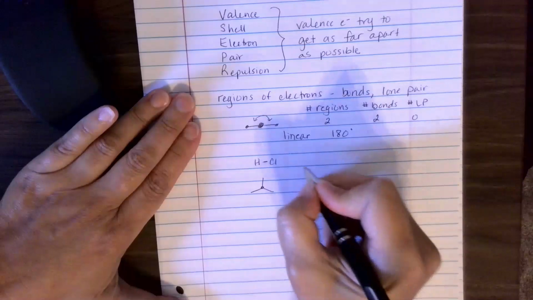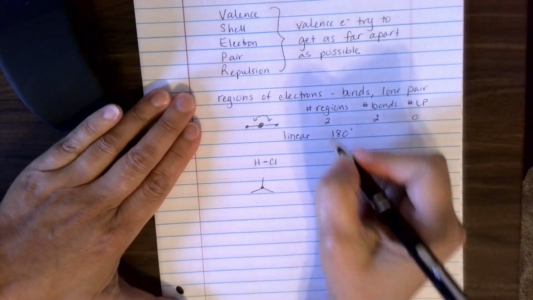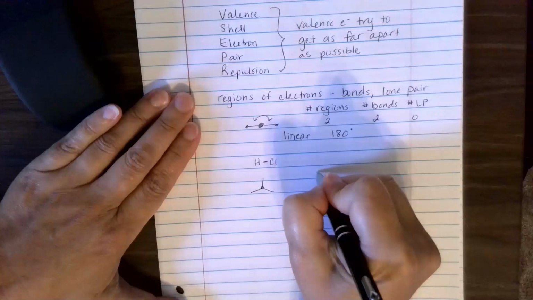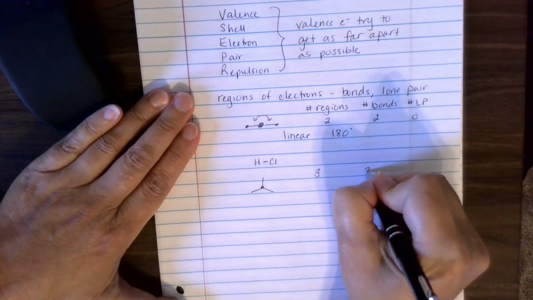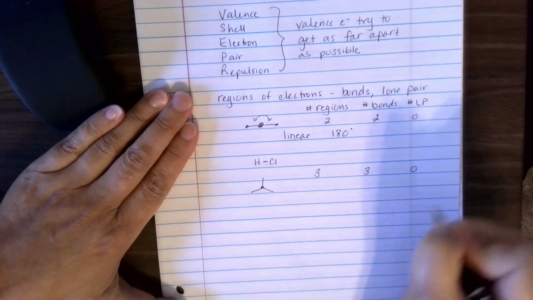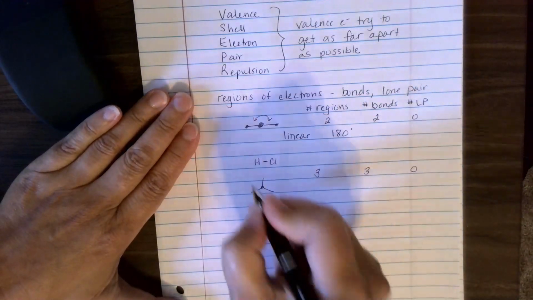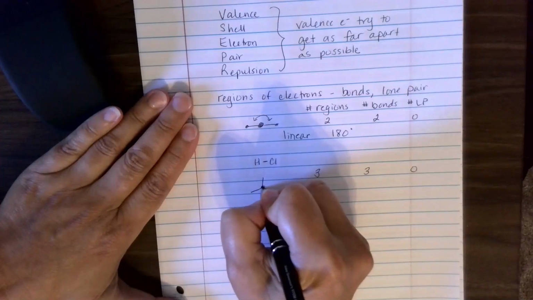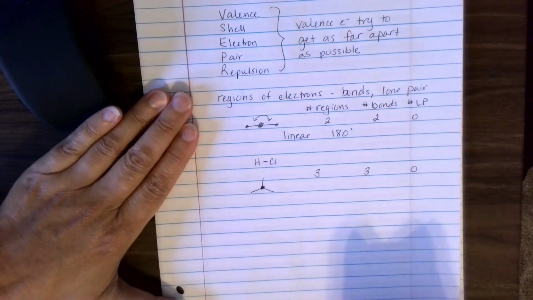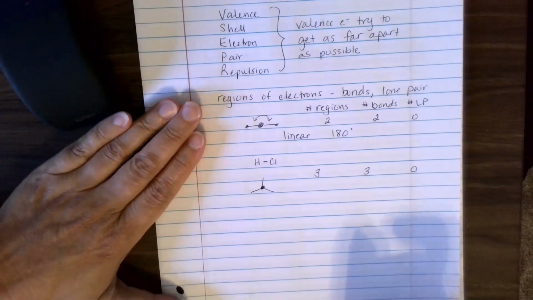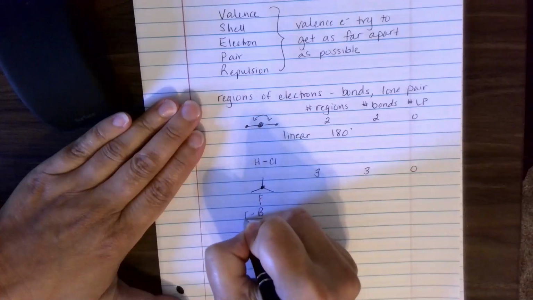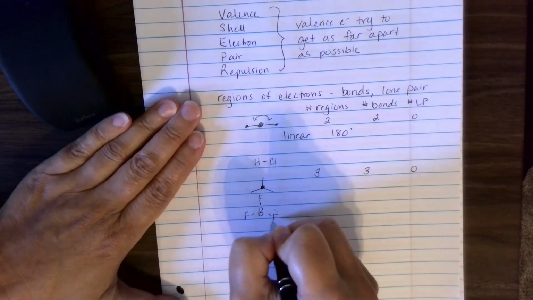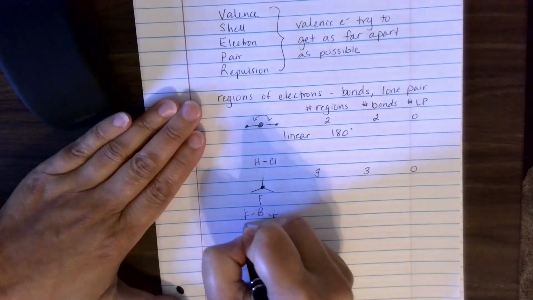Looks something like that. So we are going to have three regions, and all of these have bonds, so there's three bonds, and I have no lone pairs. So in this case, this would be my central atom, and then I would have three atoms coming off of it. An example would be like BF3. And then there would be dots around each one of these things.